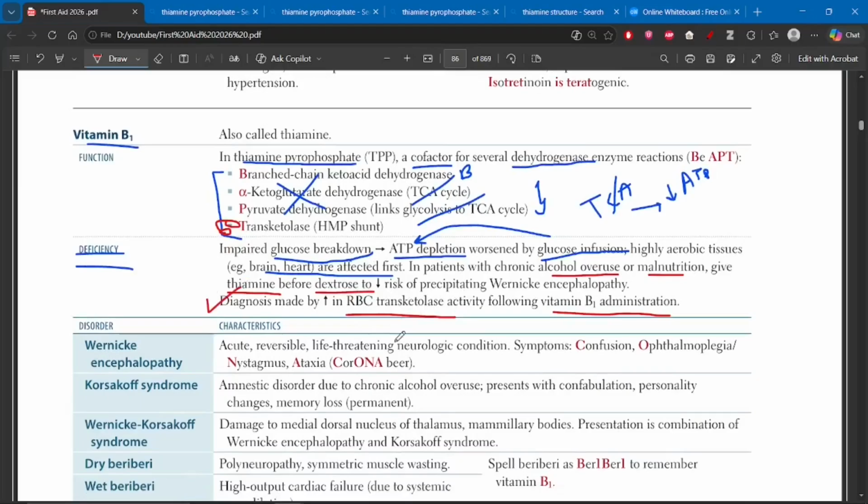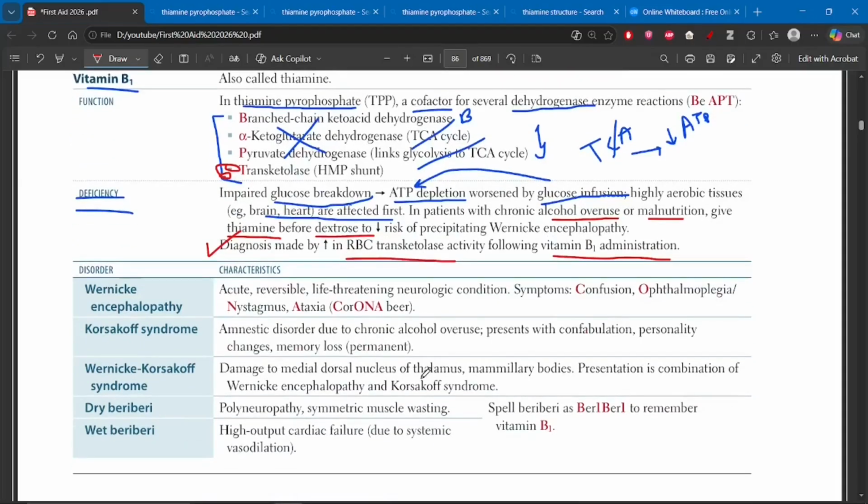But this is not routinely done in the clinical scenario, because you proactively give the patient vitamin B1. There's no need to check the activity and then define it, because this does no harm to the patient. So that's not a big deal.